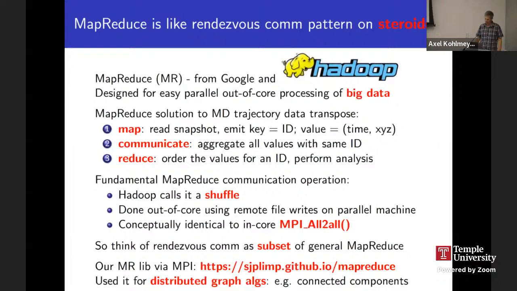So this paper, about 15 years ago now, got me interested in implementing MapReduce with MPI. So myself and a collaborator, whom I'll thank on the next slide, wrote a little MapReduce library that doesn't really have any dependencies. It's just a pretty tiny piece of software. I think it might be useful in a scientific computing context.